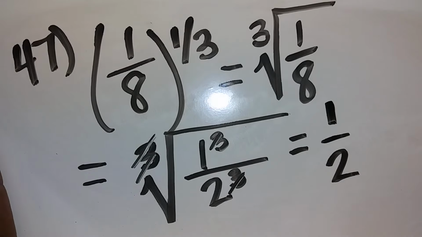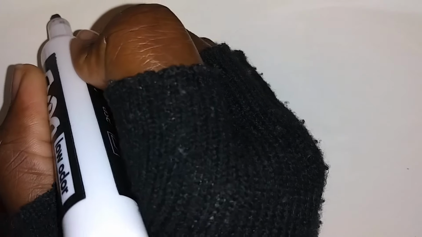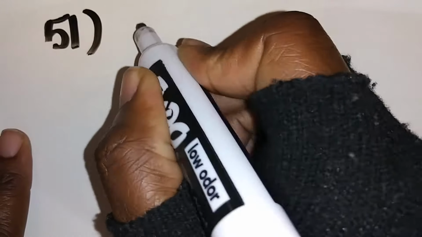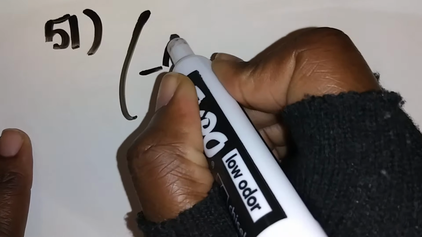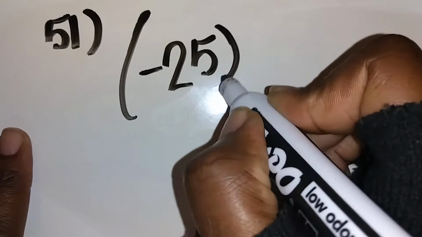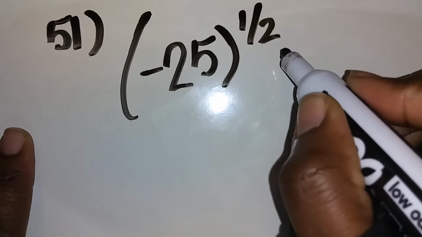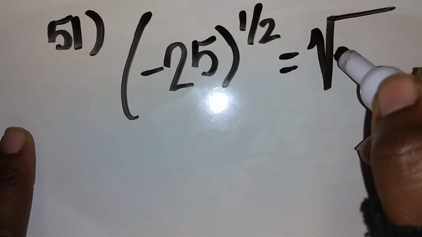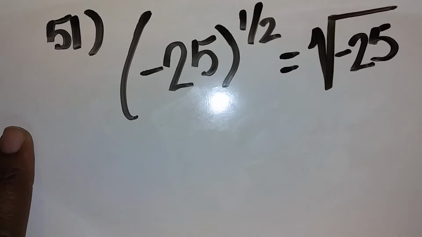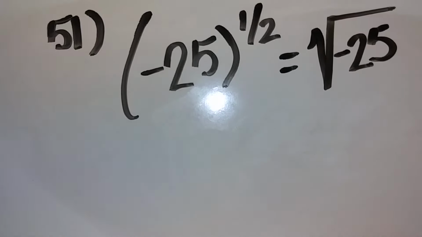Number 51. It has negative 25 to the 1/2 power. So if I rewrite this, I have the square root of negative 25. Now, we talked about a square root of a negative radicand.